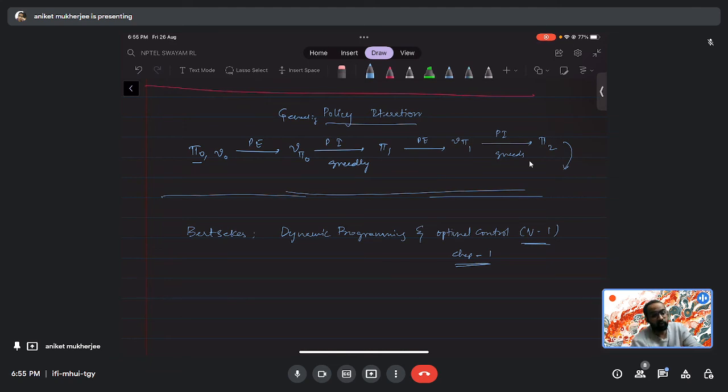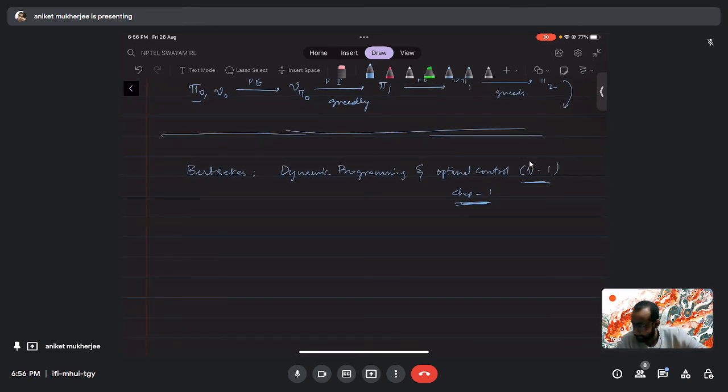His notations are very difficult to reinterpret. Half the time we would go, okay, what is the mapping of the notations? He uses capital G for total returns, capital J or something, and instead of maximizing rewards, all of Bertsekas is minimizing cost. Both are the same, so you can do the same thing. Chapter 1 has good problems on dynamic programming. Please do that.